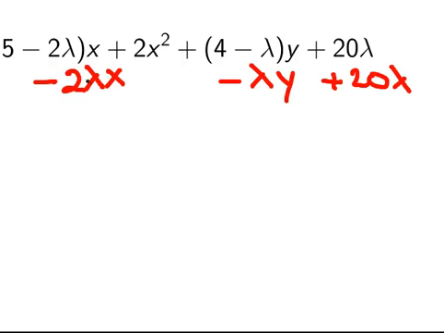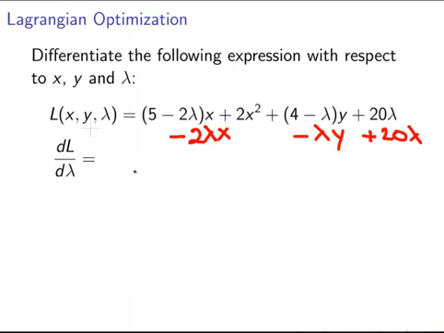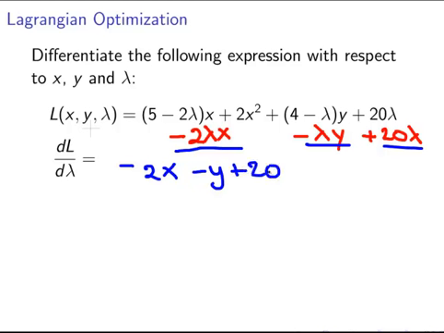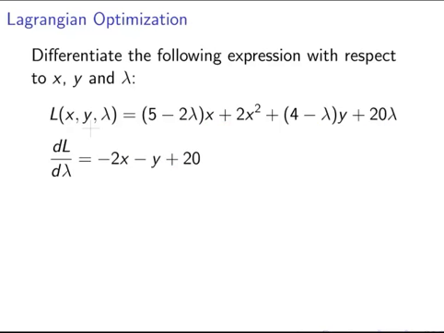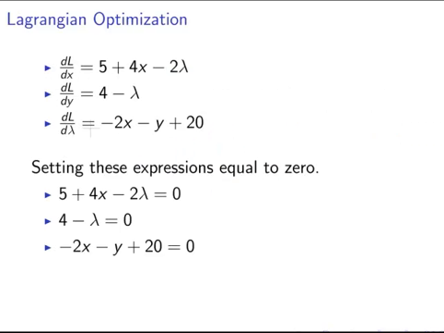Differentiating these terms with respect to lambda, we have minus 2x minus y plus 20. There we go. So these are the three expressions we've collected up, differentiating with respect to x, y, and lambda.